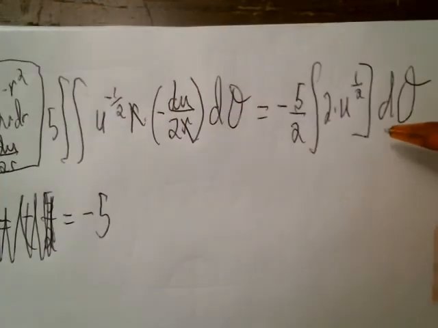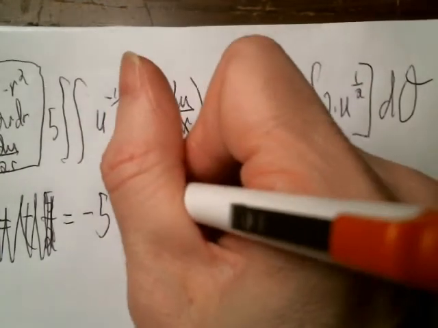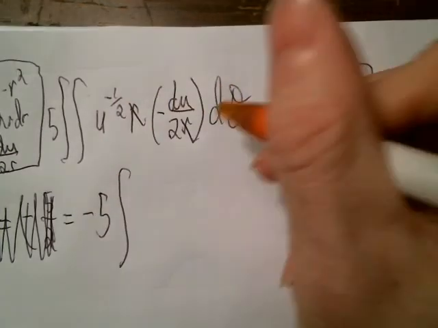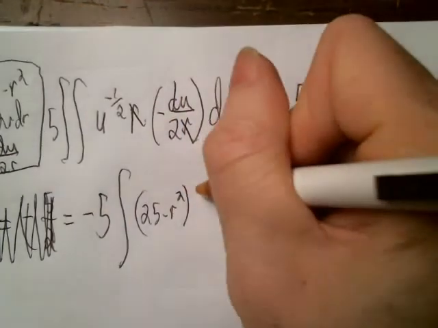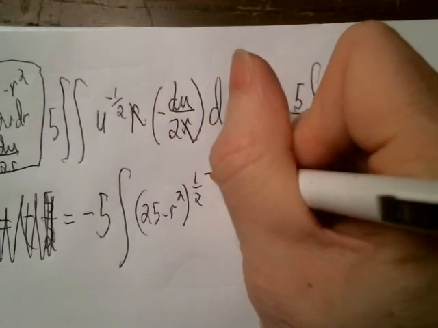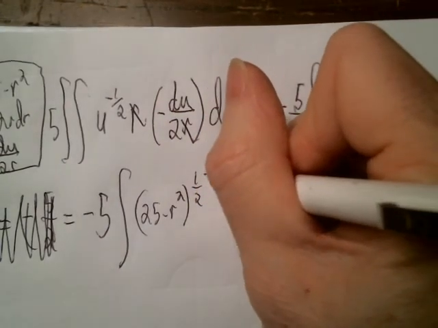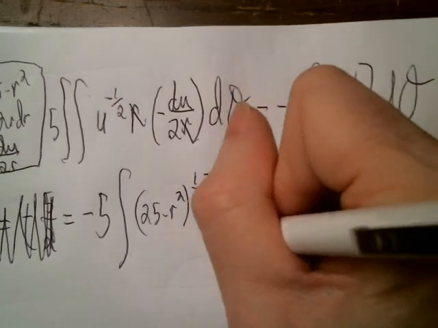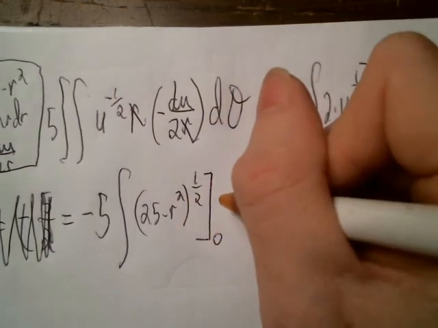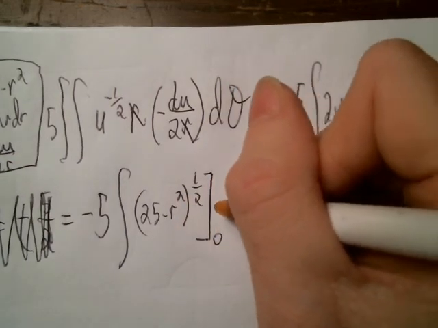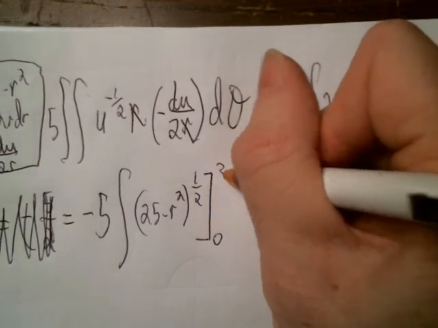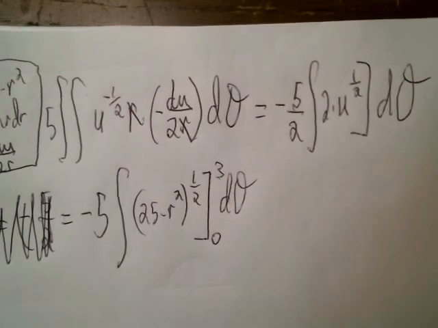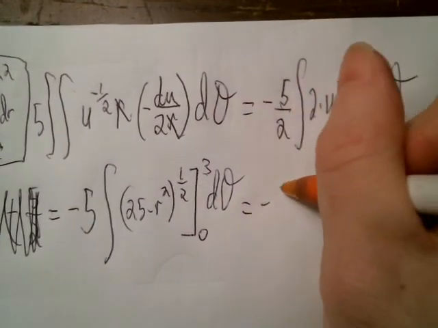And then back substituting, I'll have 25 minus r squared to the positive 1/2. And I have to evaluate this thing from 0 to, what did we say, 3? Yeah, d theta.